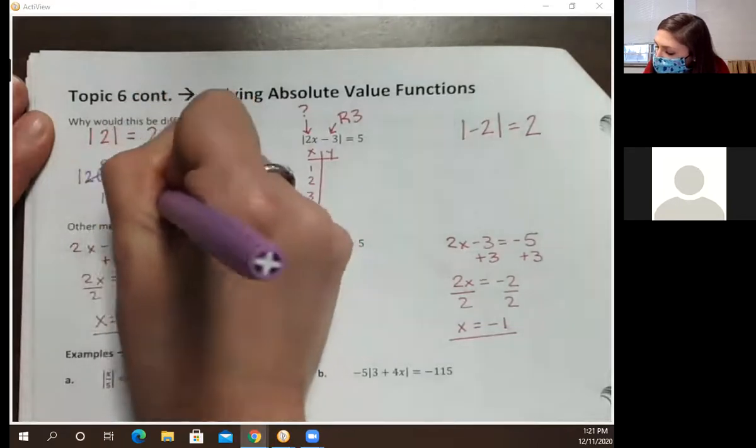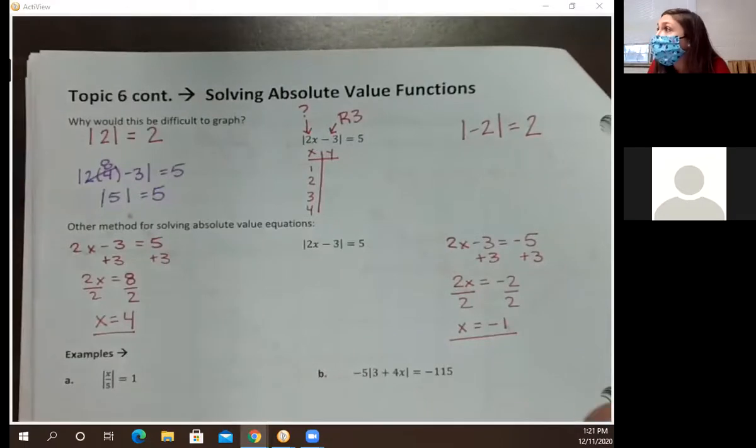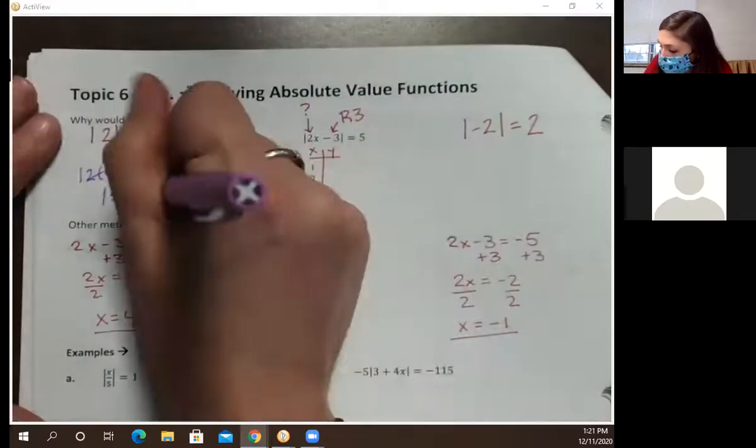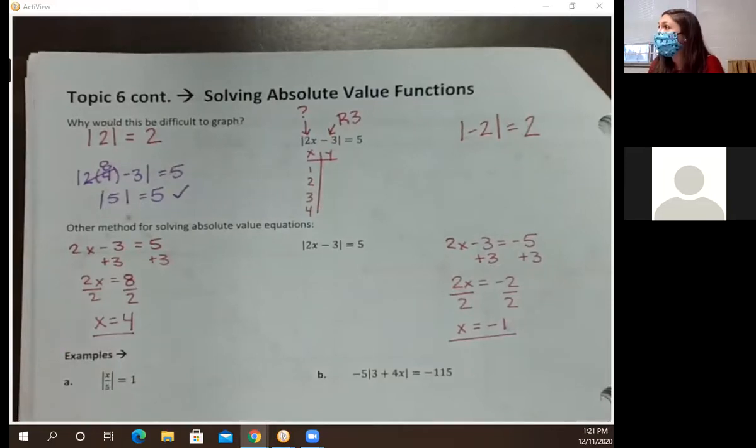So I would get the absolute value of 5 is 5. And that's true, right? The absolute value of 5 is 5. So that first solution we got works.